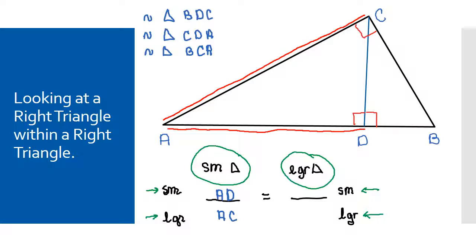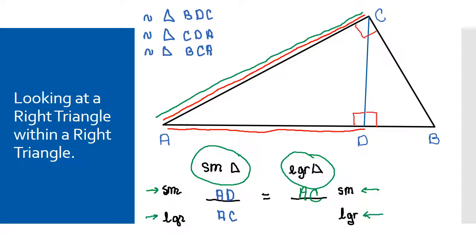Okay, small, AD. And I'm going to do this to the large one, so I need a large side, the largest side of the big triangle, which is going to be AC. And then we need the hypotenuse, because that's what we matched it to on the small one.